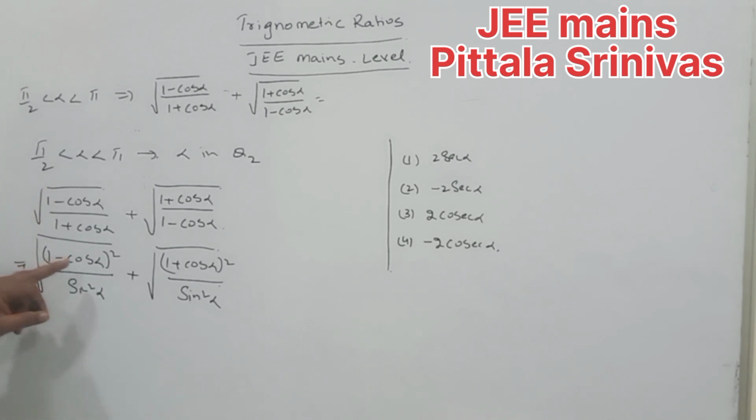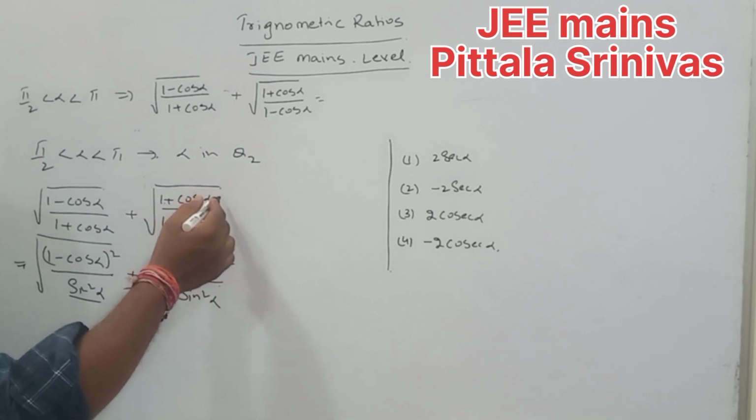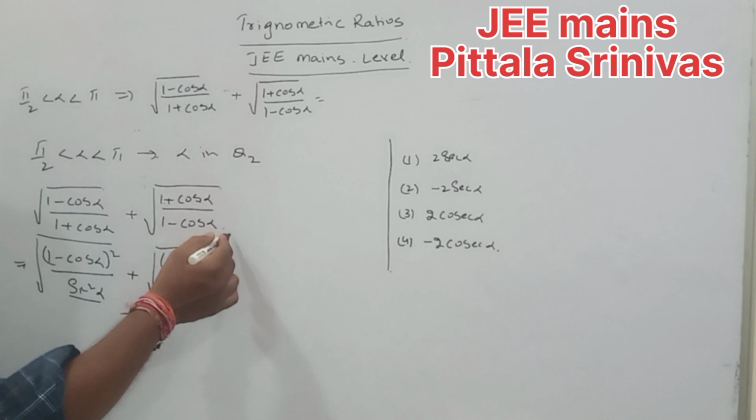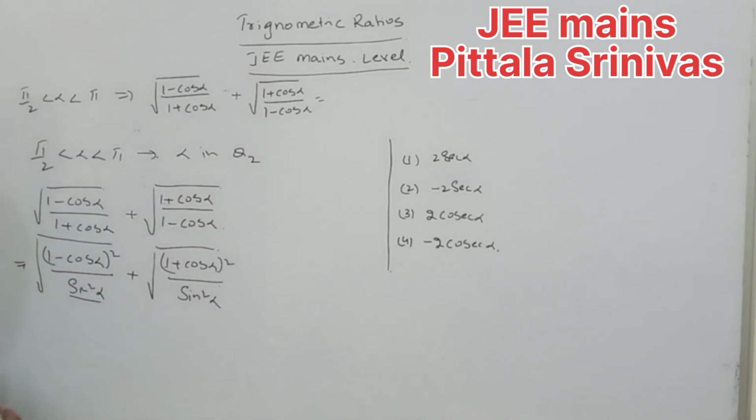We will get 1 minus cos alpha whole square. 1 plus cos alpha into 1 minus cos alpha is 1 minus cos square alpha, and 1 minus cos square alpha is sin square alpha. Here also you multiply with 1 plus cos alpha in both numerator and denominator. You will get 1 plus cos alpha whole square by sin square alpha.